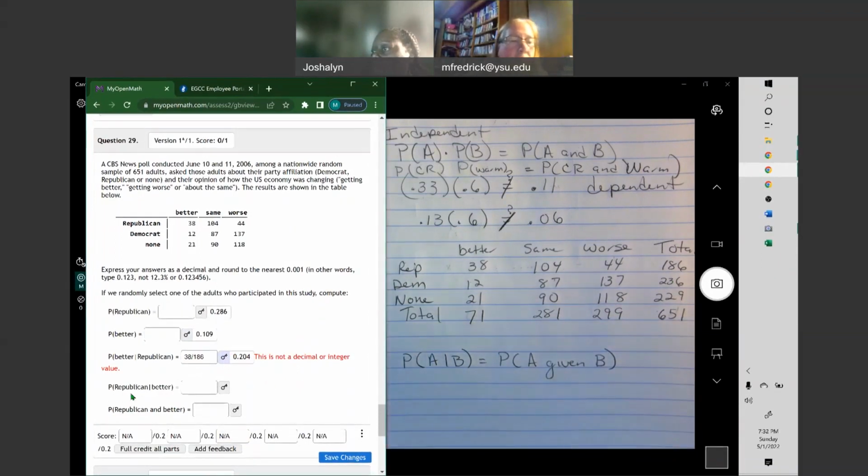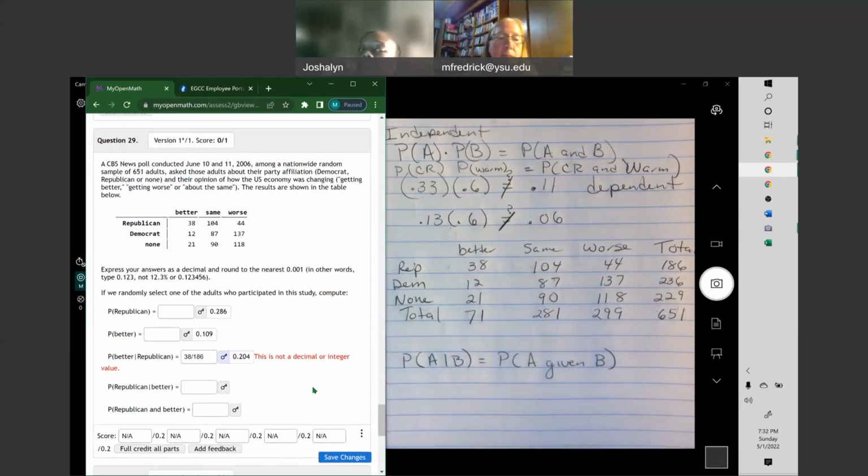Okay, so how about the next one then? Probability Republican given better. Look where the given part is first. So because it's better, we're only using this column.